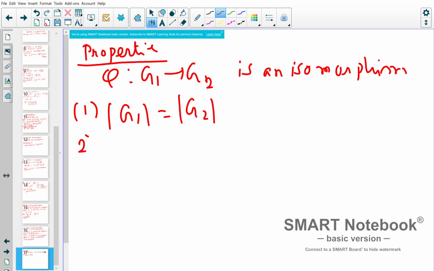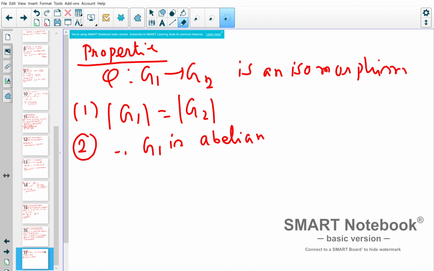and both have the same properties. Like if G1 is abelian, or this is if and only if, I should say. So it's not only if G1 is abelian, if and only if G2 is so.